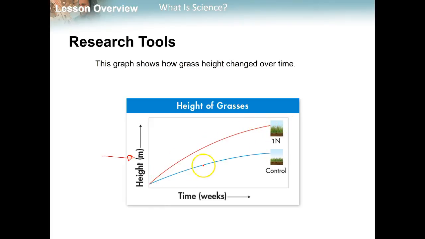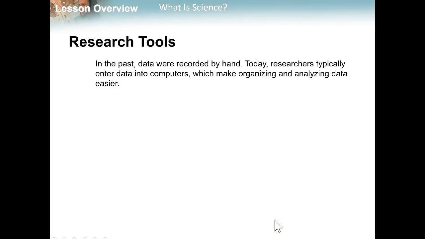And when we compare that to the control, the control didn't grow quite as much over that time period. So we can look at this now and compare that the group that received the nitrogen grew much taller than the control. So nitrogen does have an effect on the growth of the grass.